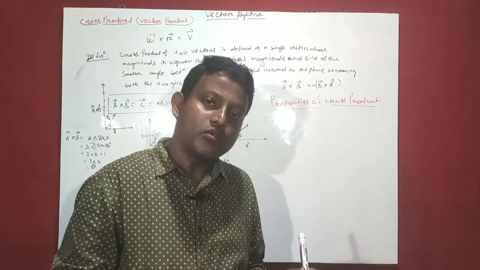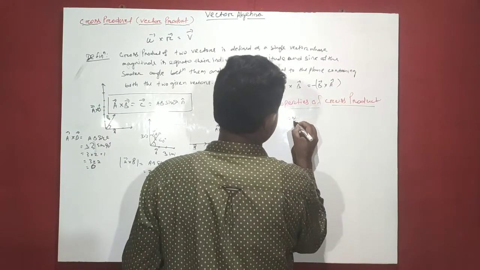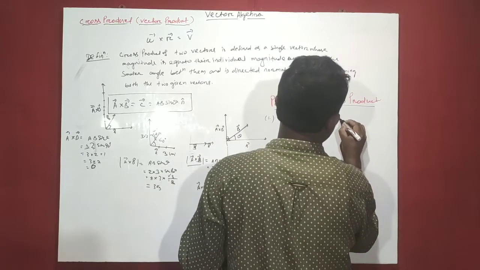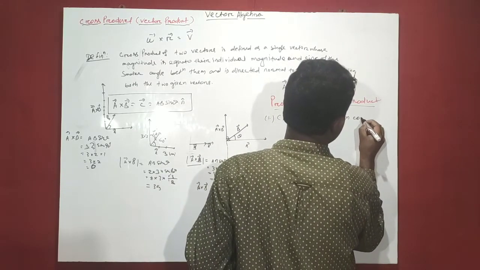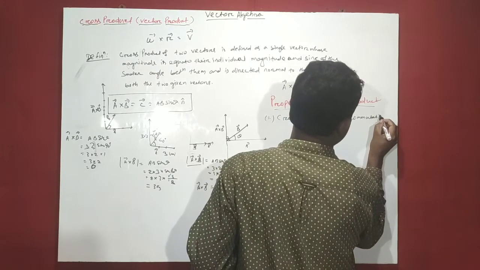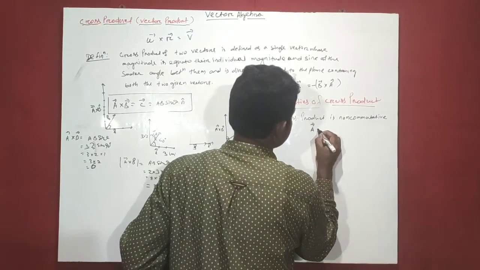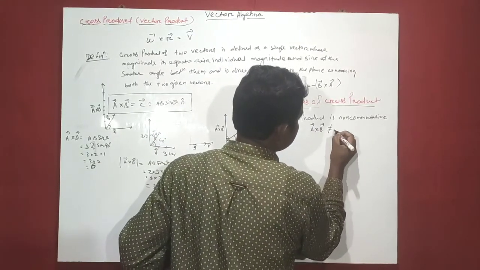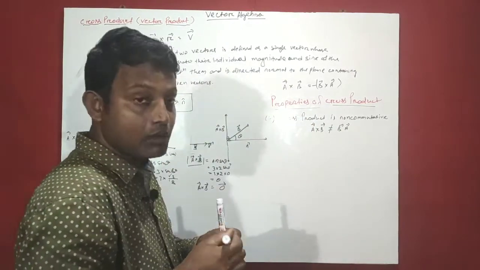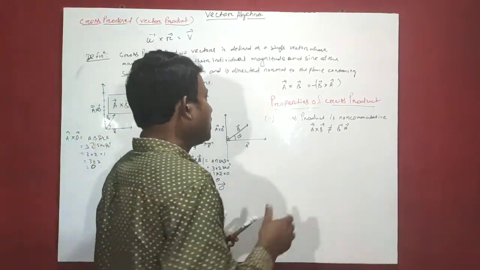Cross product is non-commutative. That means A cross B is not equal to B cross A. Though their magnitude is the same, the direction is different, so these are not two equal vectors, as we proved here.